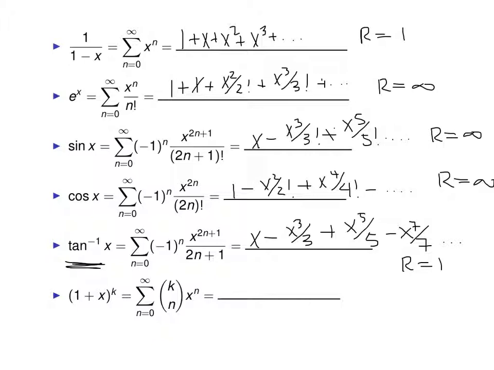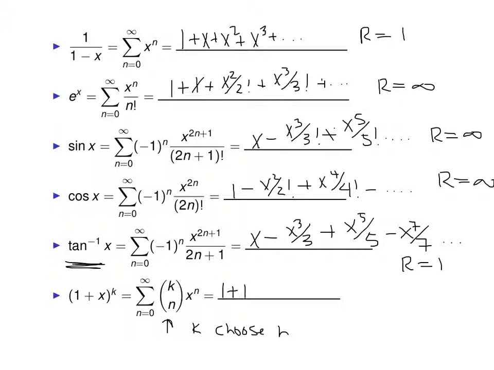And then the last one is the expansion for (1 plus x) to the k. Now this k over n with parentheses notation is read k choose n. And that is a fancy way of writing down what these coefficients would look like. So here's the expanded form for that in case you forgot.